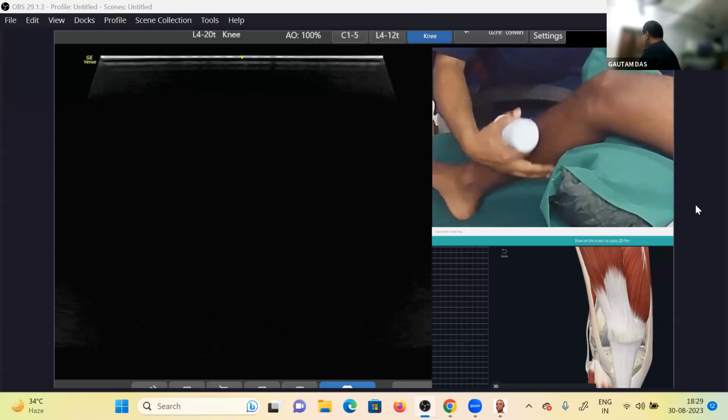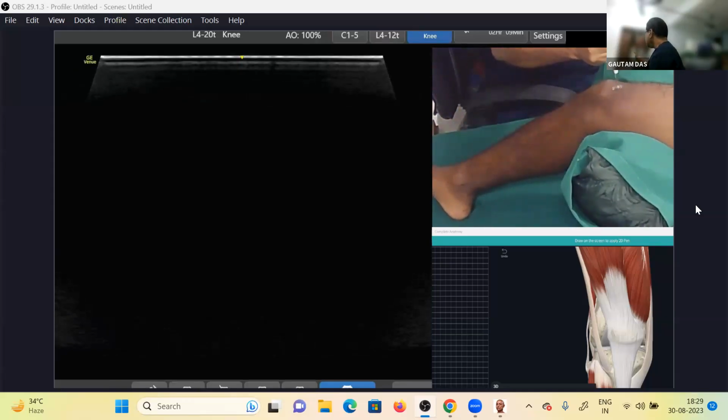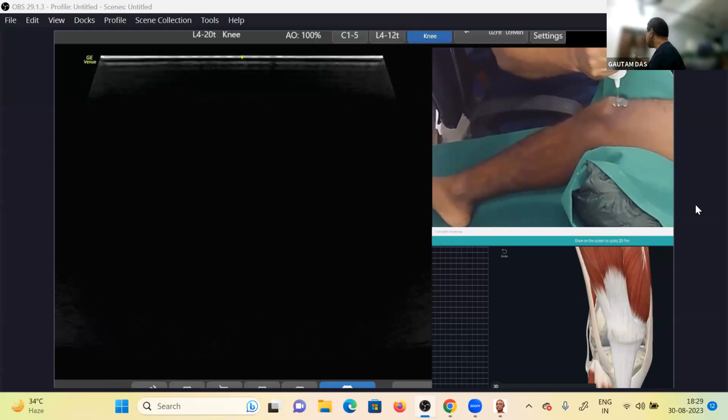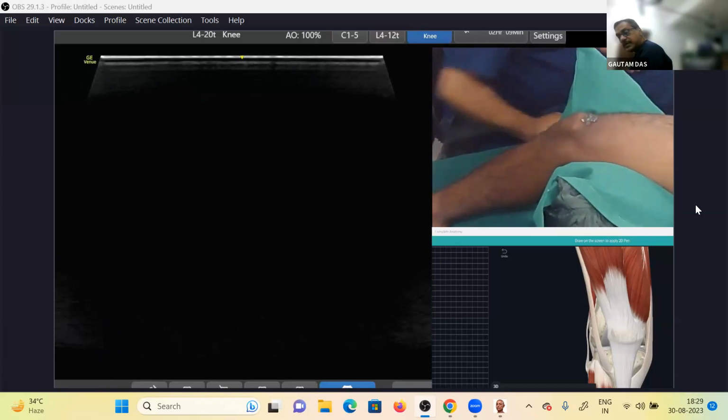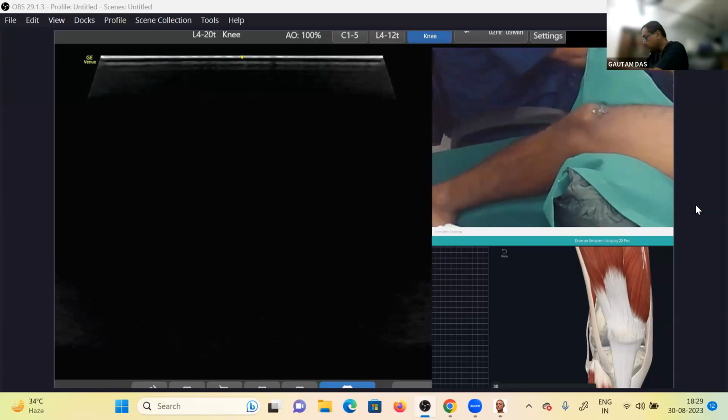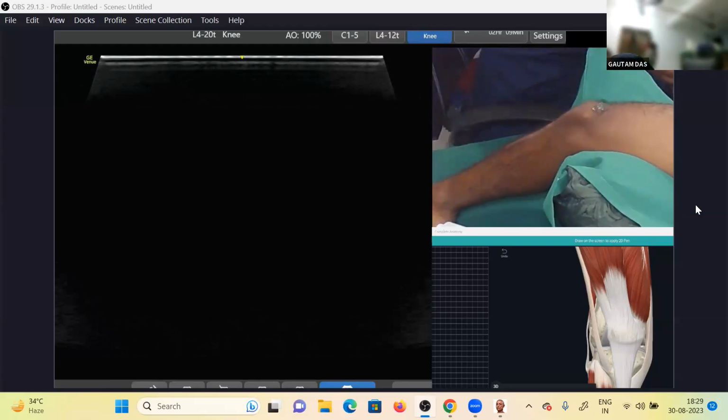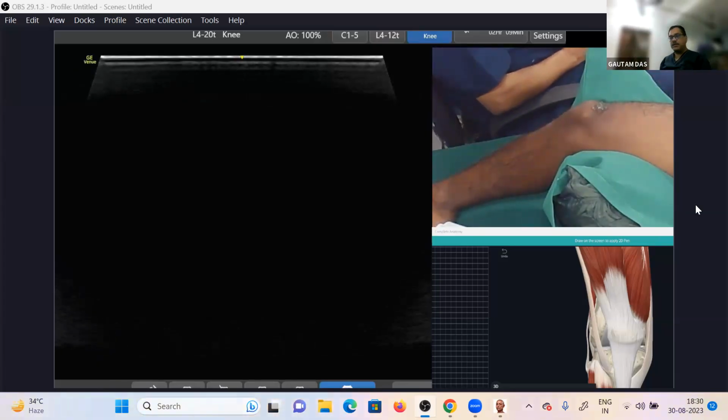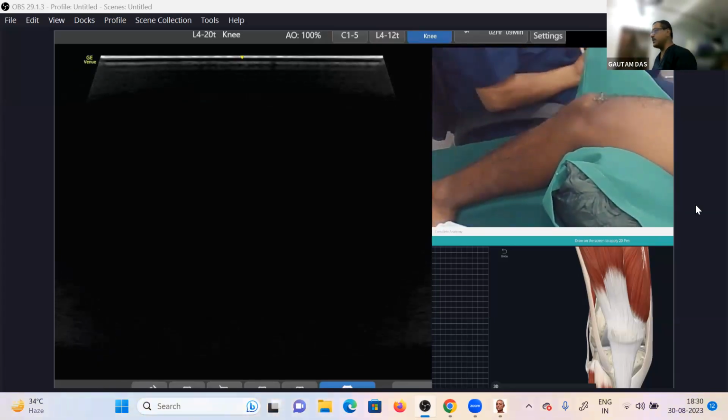Okay, so the knee will be approximately 30 to 45 degrees flexed for this anterior knee. So you see what I'm doing here. My aspect marker is towards the proximal side.